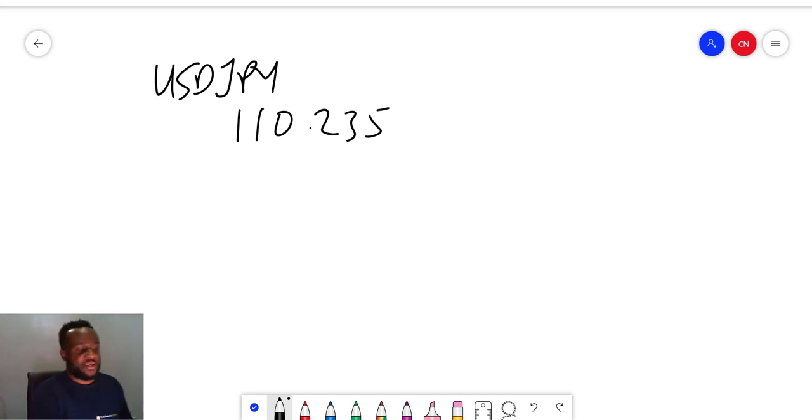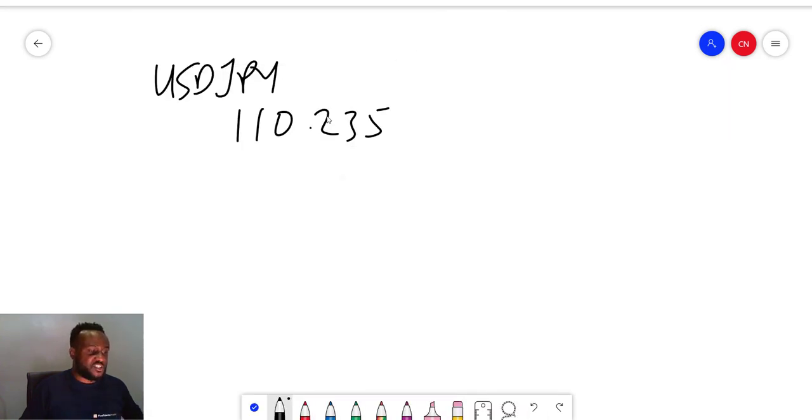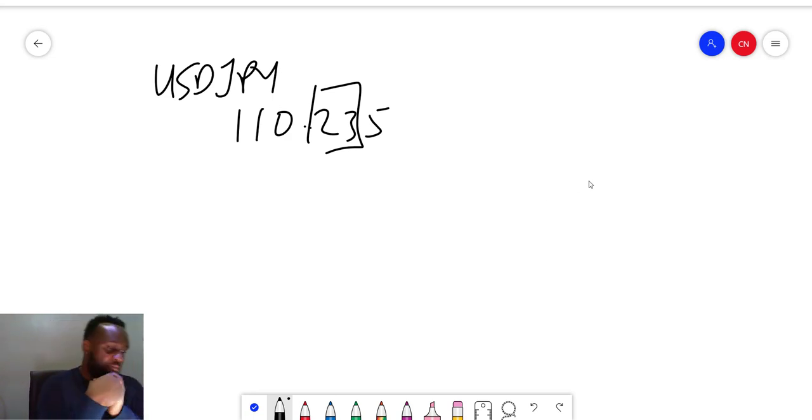And if you remember, I said for the JPY pairs, you start to count. Remember our counter in non-JPY pairs, it is 4 decimal places. In JPY pairs, it is 2 decimal places. So you're looking at this 2 here, decimal places. You can discount this, or you can round it up. Yeah, that's fine, because you're trying to count from here.